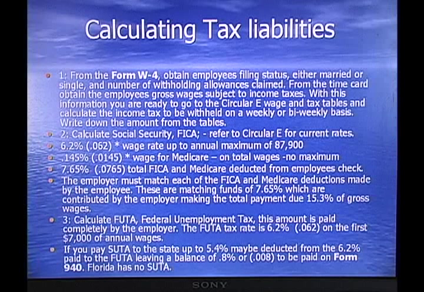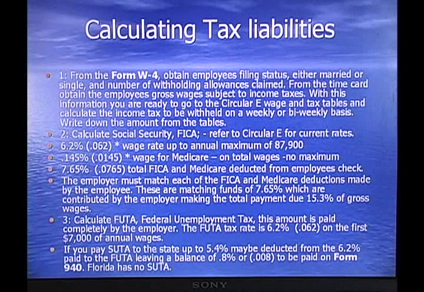Two, calculate your Social Security, your FICA. Refer to the Circular E for your current rates. Currently it's 6.2% times your wage rate up to an annual maximum of $87,900. And then you're going to pay 1.45% of wages for Medicare on the total wages, no maximum.